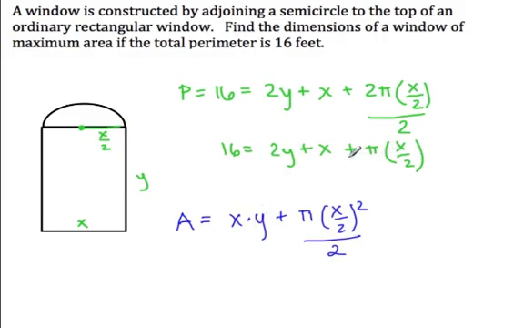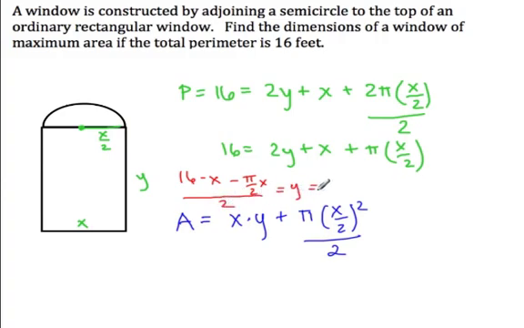So you can see here, I can solve for y if I want to. Actually, I really want to. So 16 minus x minus pi over 2 x, all divided by 2, is equal to y.